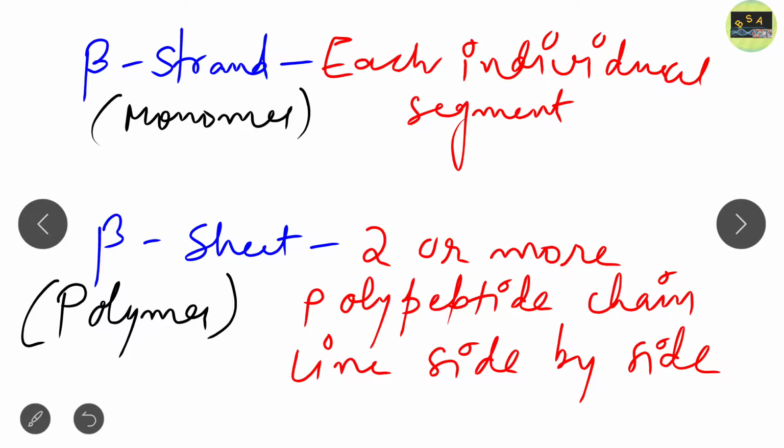Beta strand is the individual segment, that's why we call it monomer in nature. But when it forms a beta sheet, there will be two or more polypeptide chain segments lined side by side. That's why we call beta sheet polymer in nature. So this is the basic difference between beta strand and beta sheet. I hope you get a clear idea. Note down all the things that I discussed here.